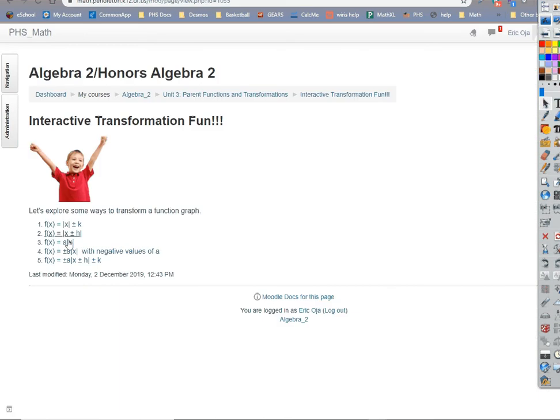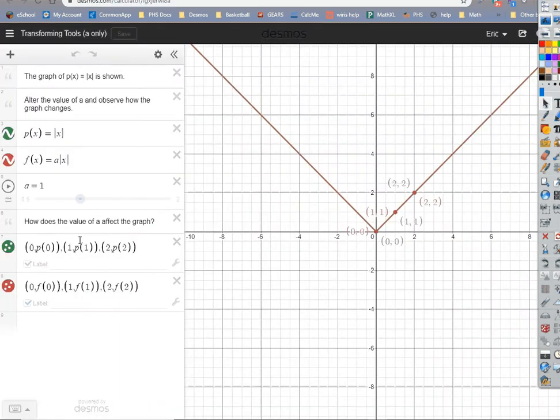All right, what happens if I multiply the whole function by a? So there's my parent graph. Right now, a is 1, so it's not doing anything. But what if I multiply by 2? What do you think that's going to do to the function? How am I calculating these y values?